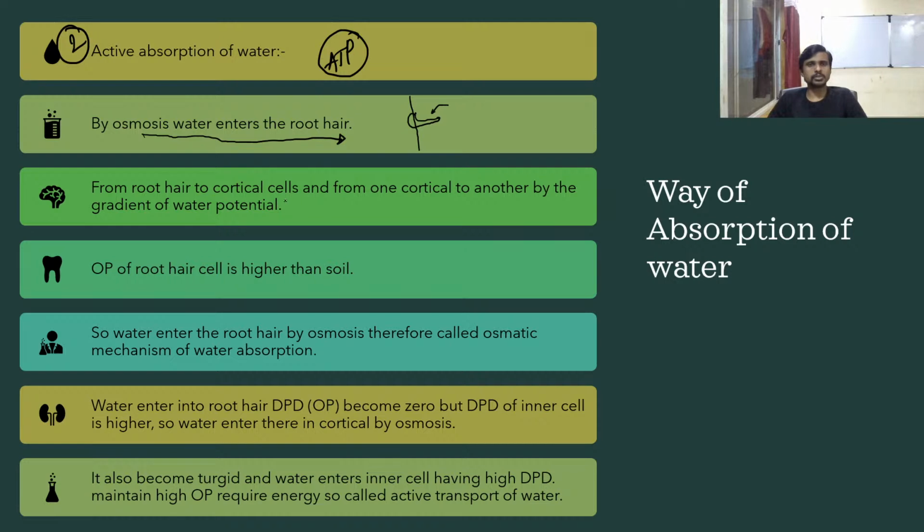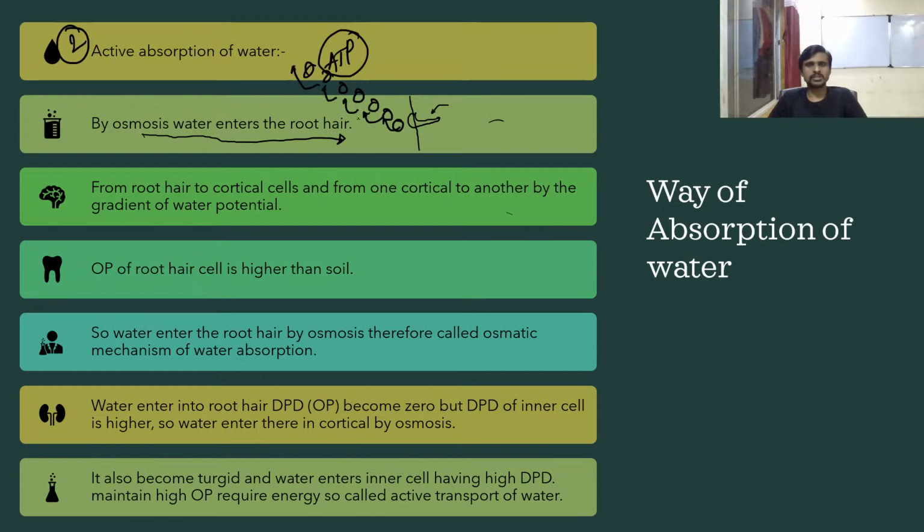From the root hair to the cortical cell, and from one cortical cell to another cortical cell, there is a gradient of water potential. So water will move from one cell to another cell, from this cell to this cell, moving toward the part at the top side of the plant.